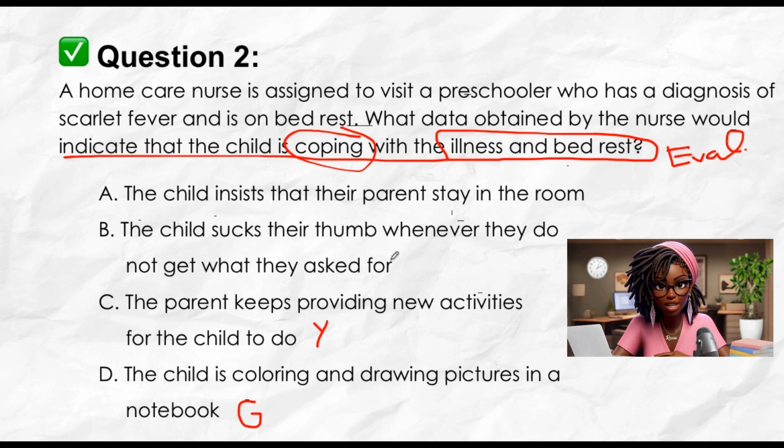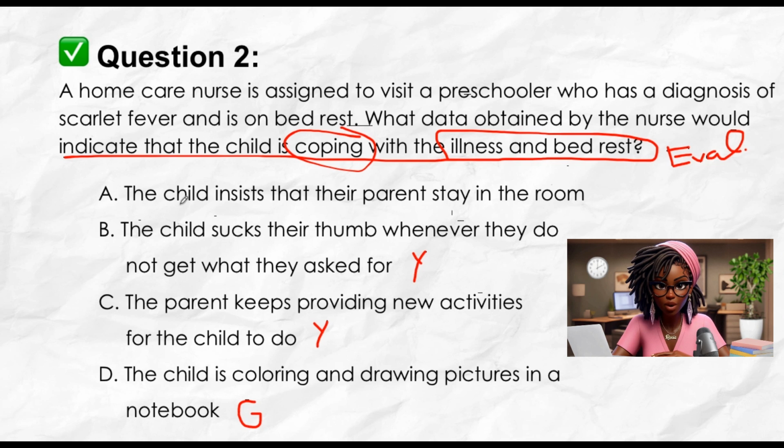So it's not dangerous, but it's also not a healthy coping mechanism either. For me, I would want to monitor this to see how it progresses and how frequent this is occurring. So I would give this a yellow zone and make it a yellow zone answer choice.